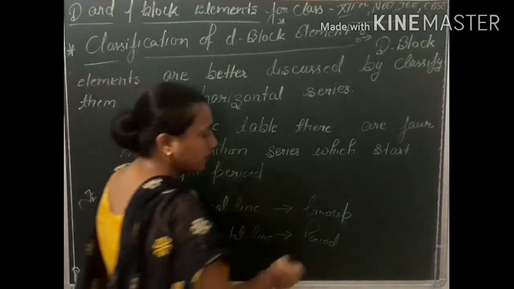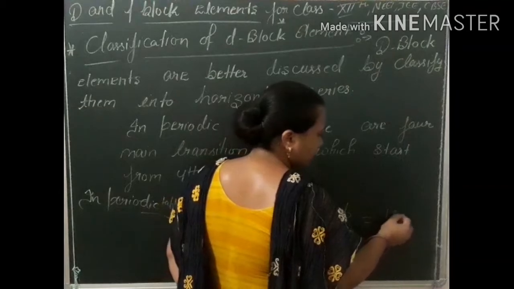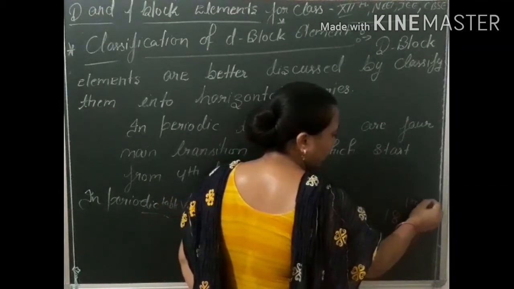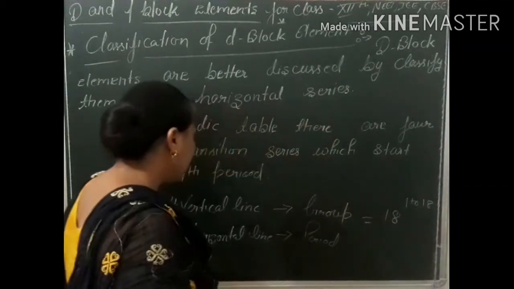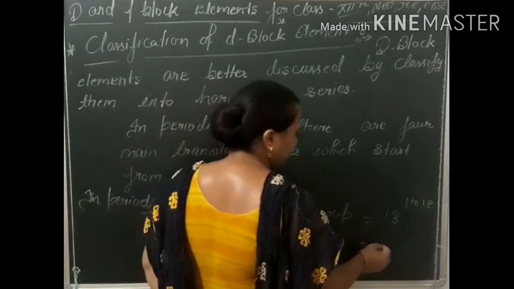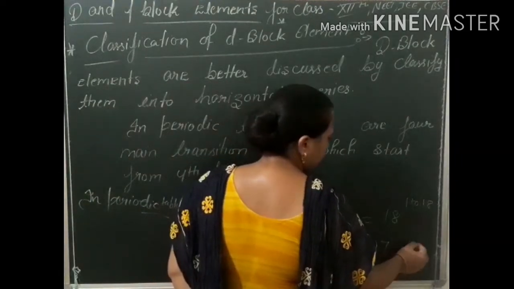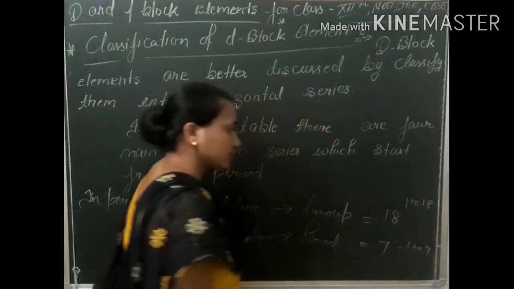The number of groups in the periodic table is 18, numbered from 1 to 18, and the number of periods is 7, numbered from 1 to 7.